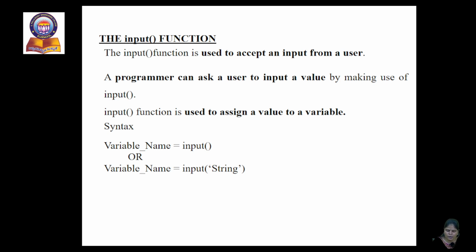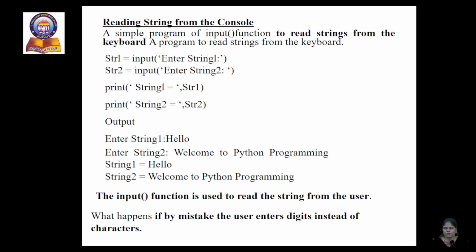So variable name equal to input. Here it will wait for the input, and whatever input you give, like 10, now the variable name will be created and space will be allocated. As I gave input as 10, it will be stored in the form of a string within that variable name, right? This is how you can use the input function.